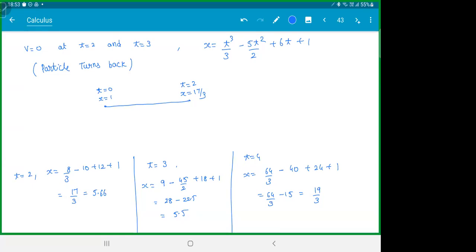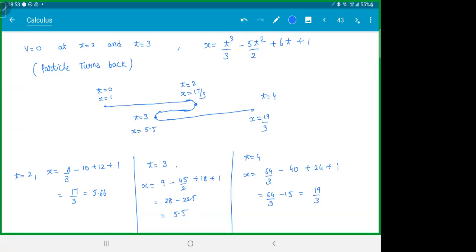And this guy took a turn back at t is equal to 2. This is actually happening all on the same line. For you to understand, I'm drawing a curve. Then you're going back till here, and then again you're taking a turn, and then you're going front. This point is t is equal to 3, and your position is 5.5. This is t is equal to 4, and your position is 19 by 3.